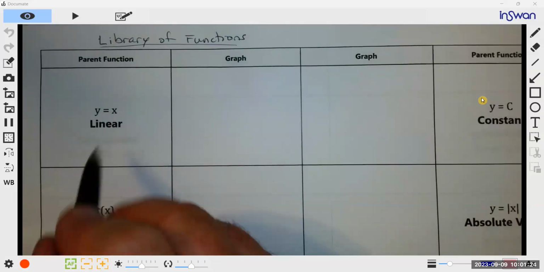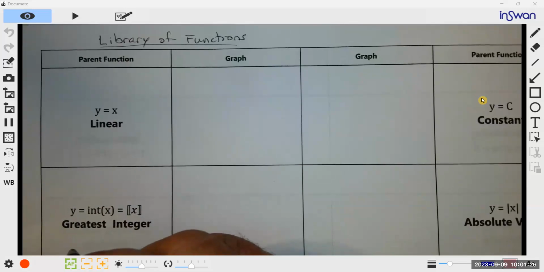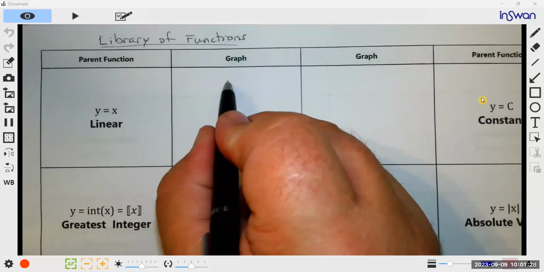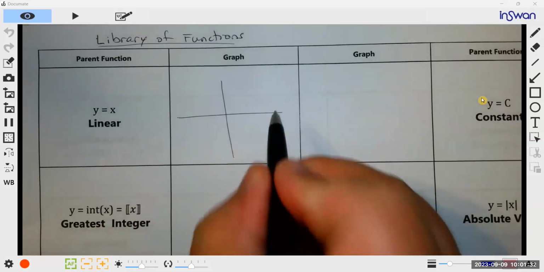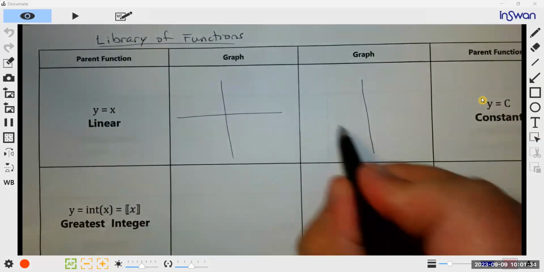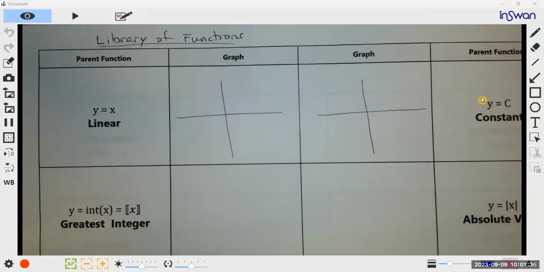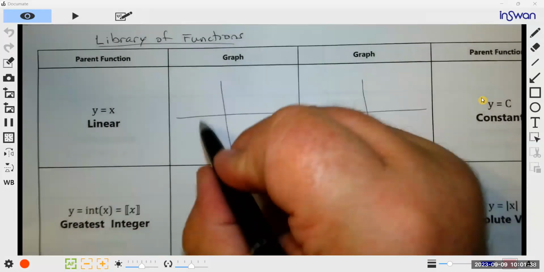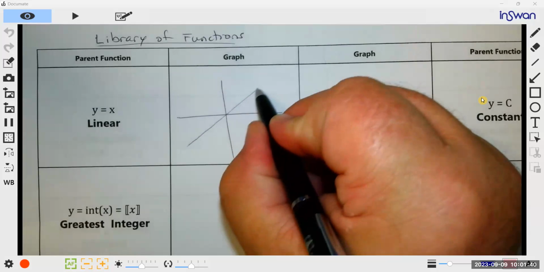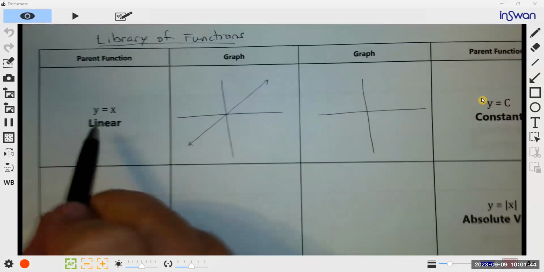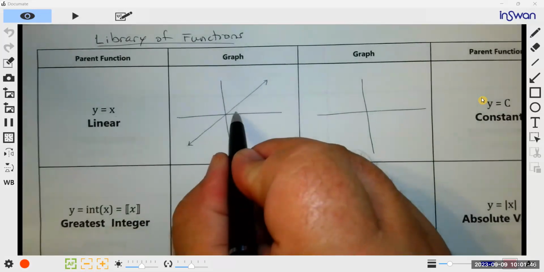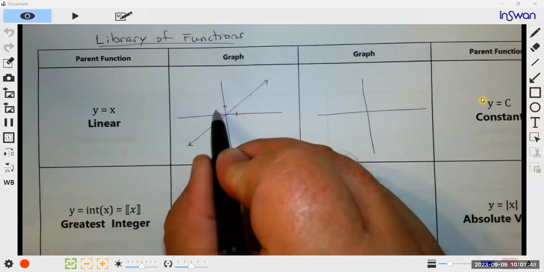The first function we have is called a linear function, a linear equation. A linear equation is just that. It's a line. For example, y equals x. When x is 1, y is 1.